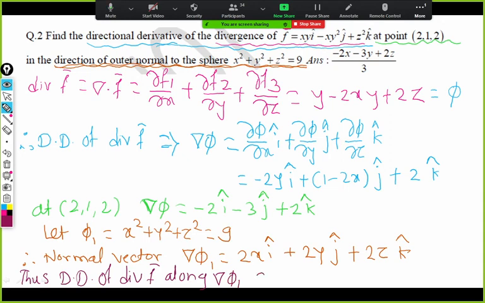Yes, anyone? We just have to take a projection of this vector along the other. When we find a component of one vector along the other, we get that.